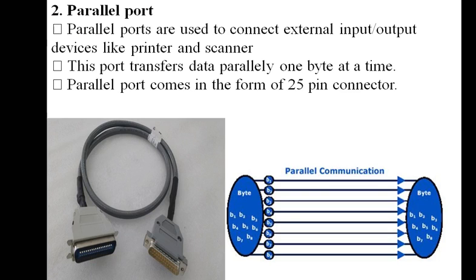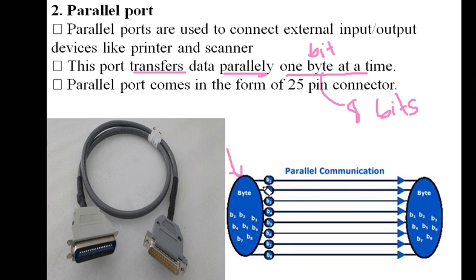In this port data is transferred in parallel, one byte at a time. In serial it is called a bit, right? In the parallel port it is called a byte. Byte means 8 bits. You remember, right? 1 byte means 8 bits. See, this is your data.